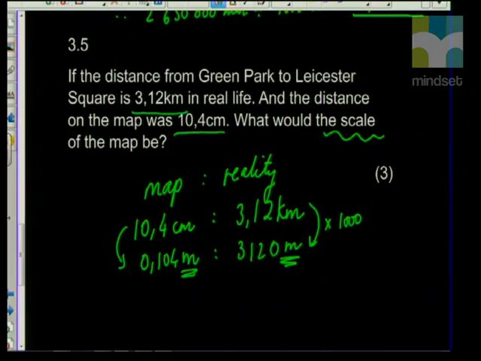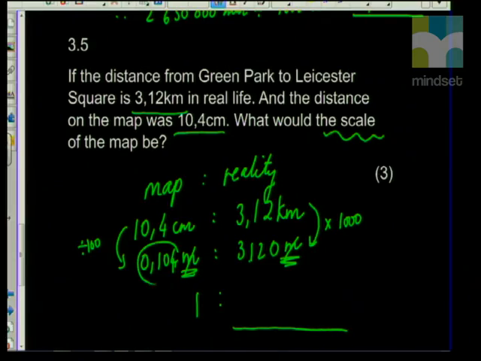Now that I've got them in the same units, I can then deal with them. I've got 0.104 and I've got 3,120 meters. Because they're now the same units, I can almost get rid of those units. And I need to make sure that when I've got a scale, it always says 1 is to something.